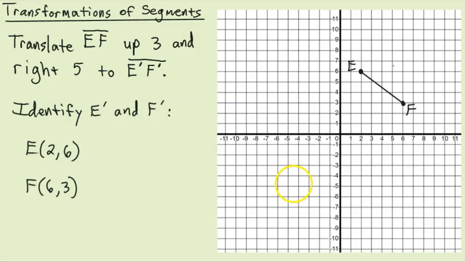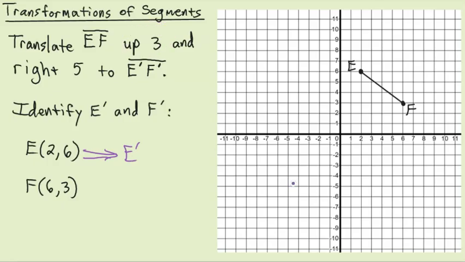All right, so here is segment EF, and this says translate segment EF up 3 and right 5 to E prime, segment E prime F prime. So the first thing we're going to do is identify the points E prime and F prime. Well, E is at 2, 6, and that's going to translate to point E prime, and we have to go up 3.